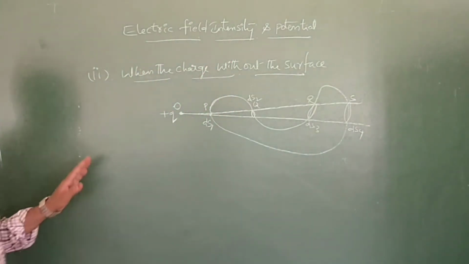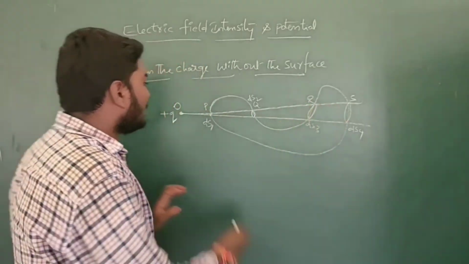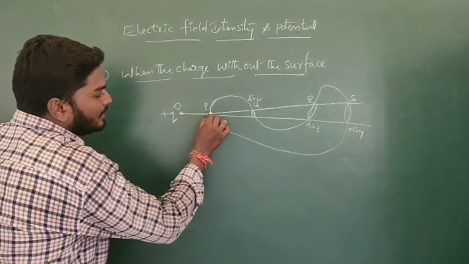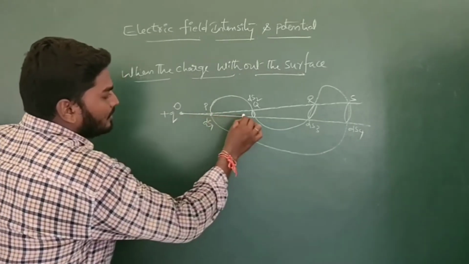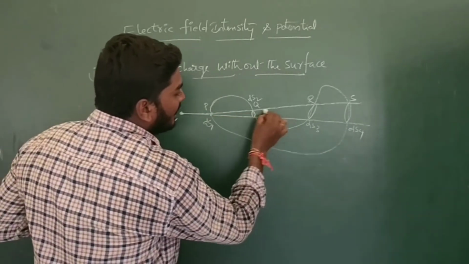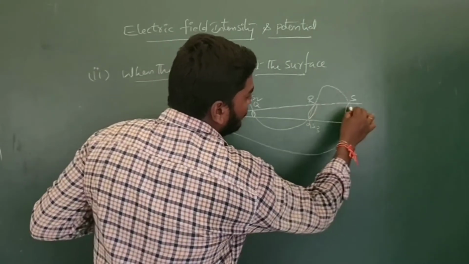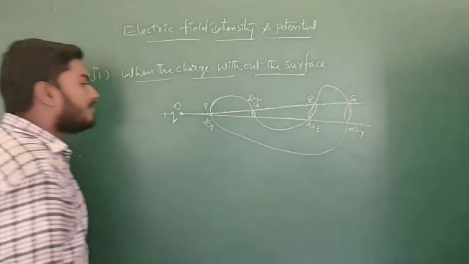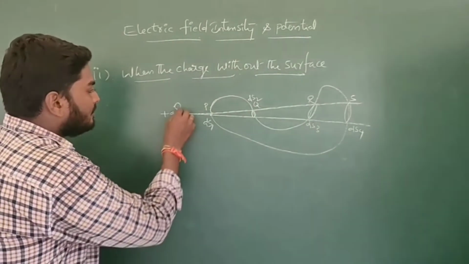The electric field passes through the closed surface: the flux entering the surface at the first, leaving at the second, entering at the third, leaving at the fourth. This is the charge q outside the surface.